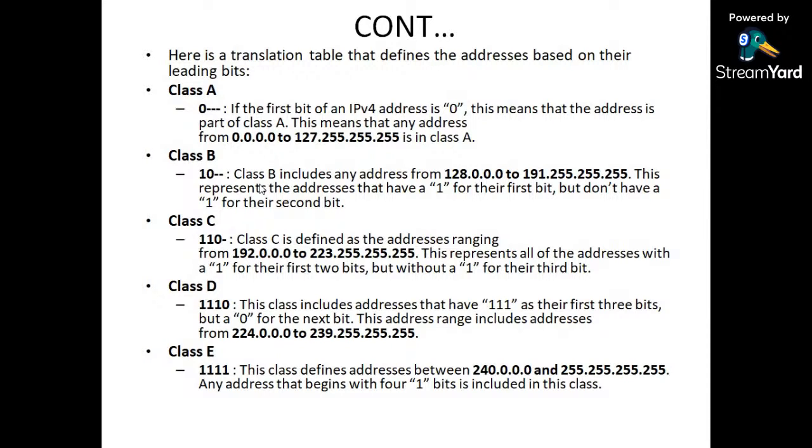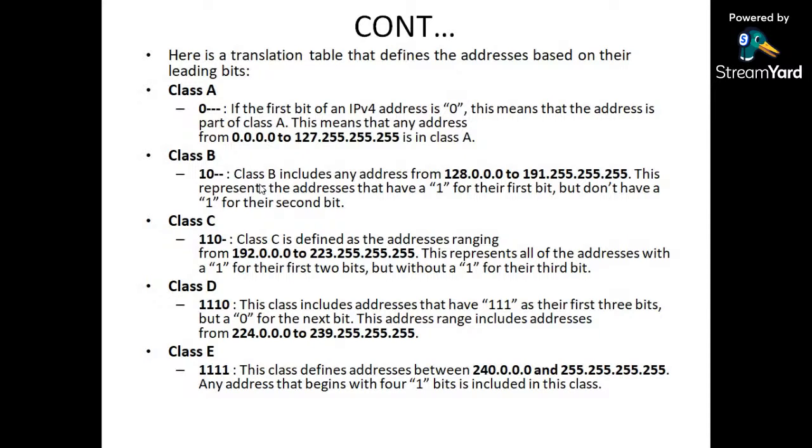Class C is 110. Class C is defined as the address range starting from 192.0.0.0 to 223.255.255.255. These represent all of the addresses with 1 for their first 2 bits, but without a 1 for their third bit. Class D, if you consider the first 4 bits, is 1110. This class includes addresses that have 111 as their first 3 bits but 0 for the next bit.